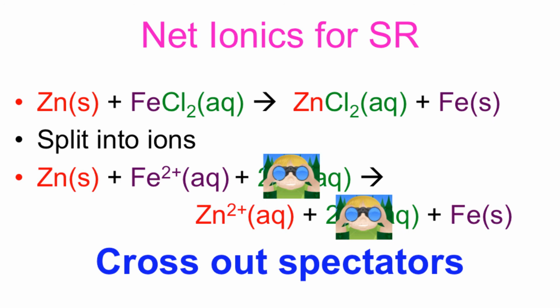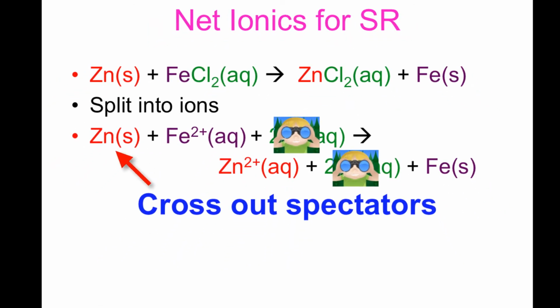And when we cross out the spectators, what does that look like? Very good. Now notice you've got zinc on the left, and over here you've got zinc on the right, but they're not the same zinc. The zinc on the left actually has its full complement of electrons, whereas the zinc on the right has actually lost 2 electrons. The iron on the left, it's got all of its electrons it started with minus 2.